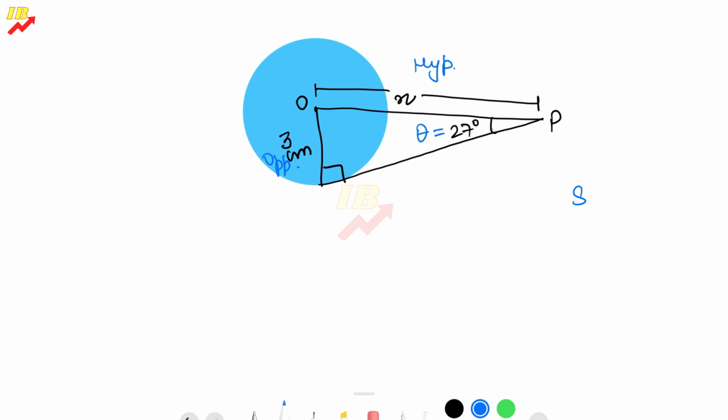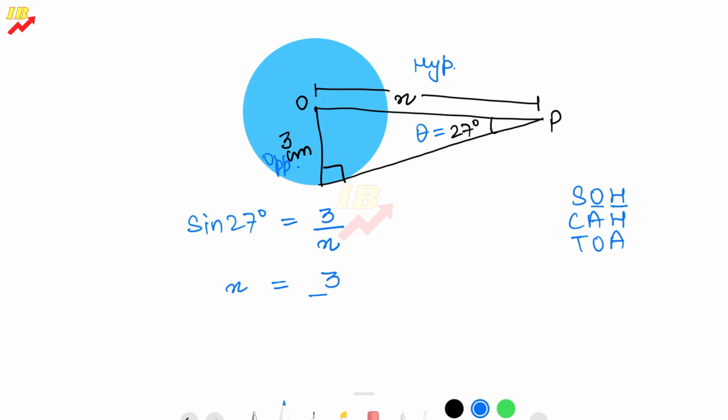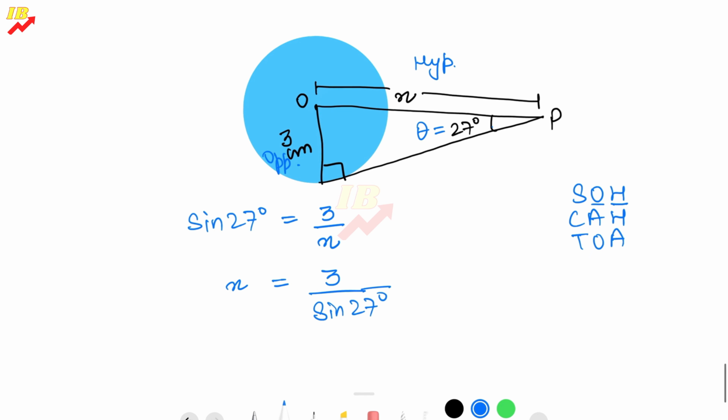So basically opposite and hypotenuse. We are going to use sine 27 degrees is equal to 3 over x. Now do the cross multiplication. x will be equal to 3 over sine 27 degrees.